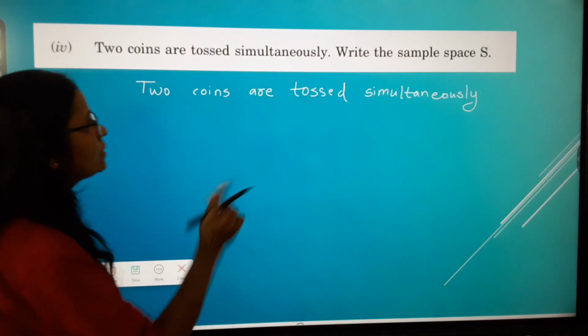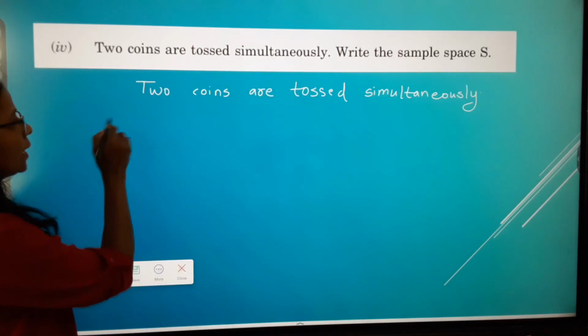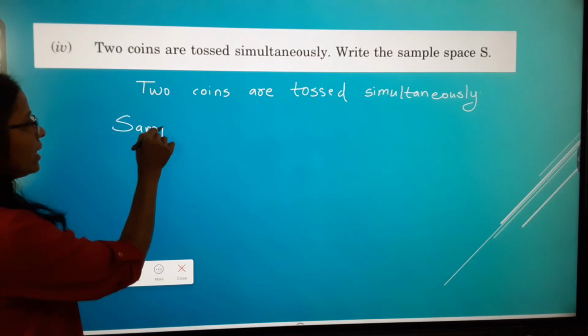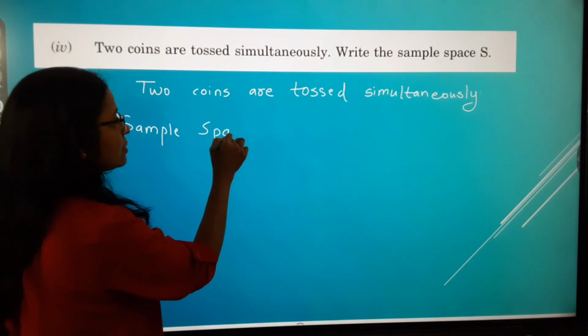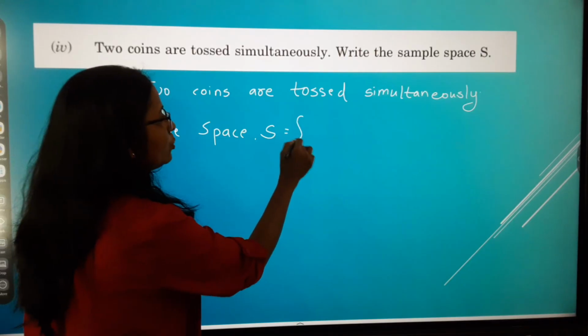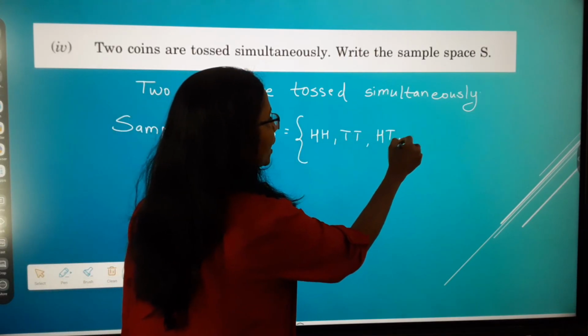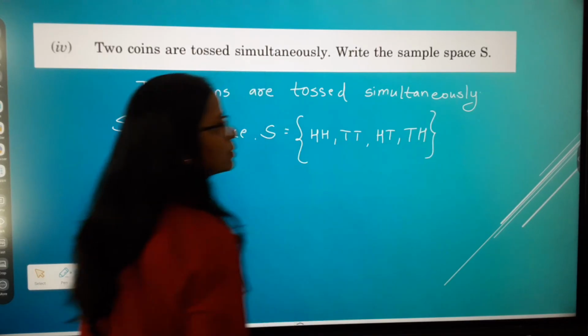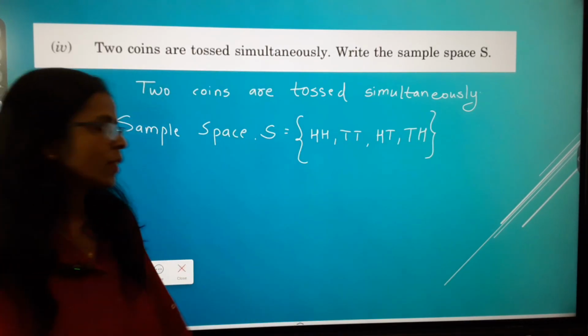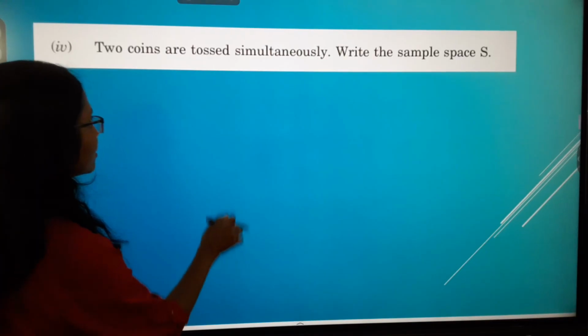Okay, two coins are tossed. After writing this, here we write the sample space. Sample space S is equal to HH, TT, then HT, and then TH. That's all, this much. Okay, then next one, students.